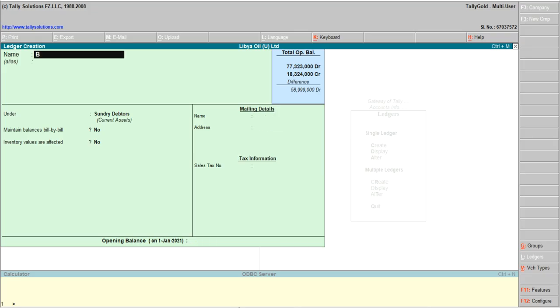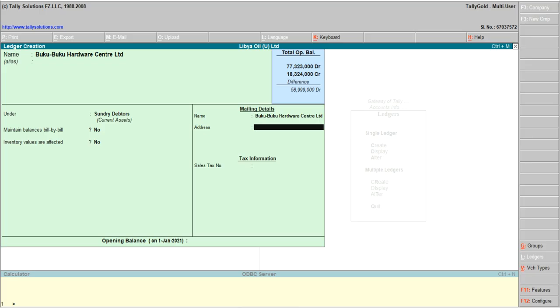Next customer is Buku Buku Hardware Center Limited.